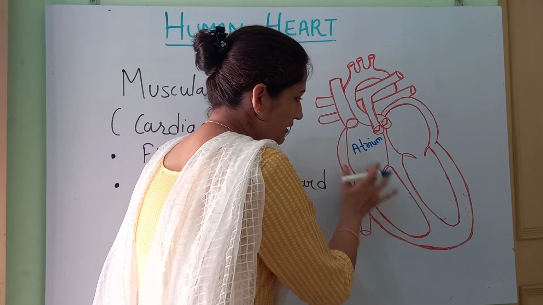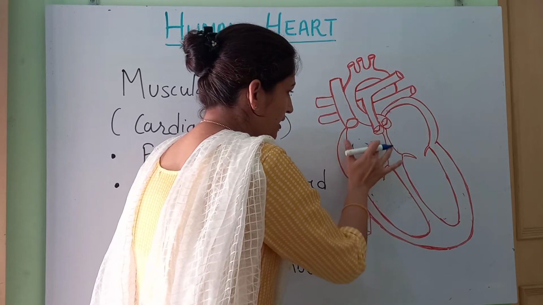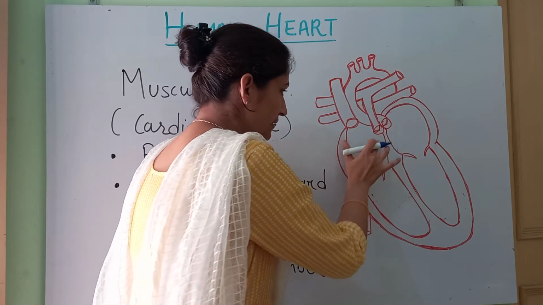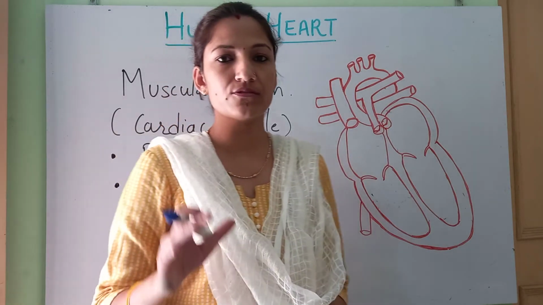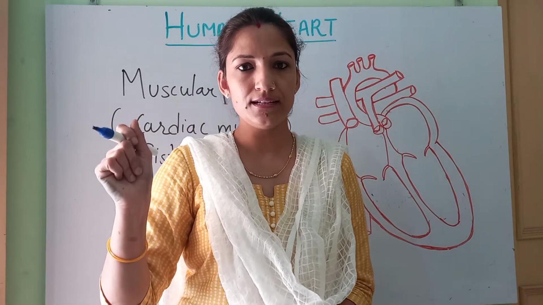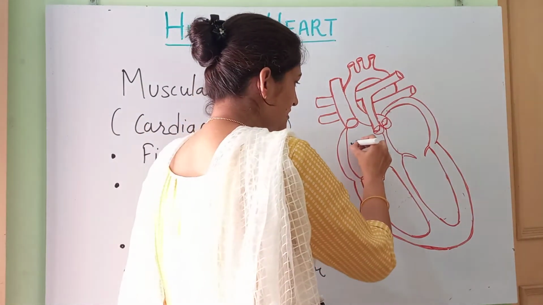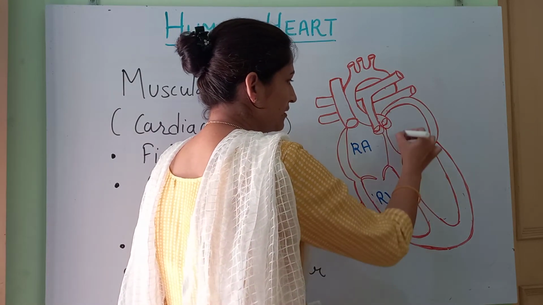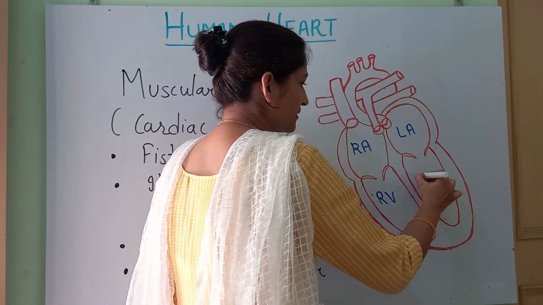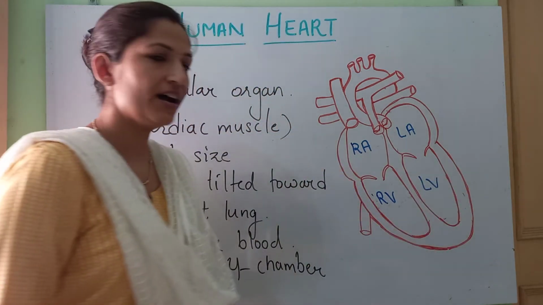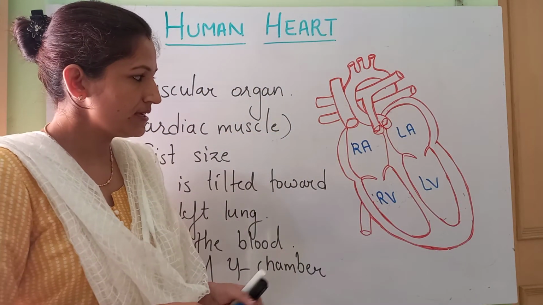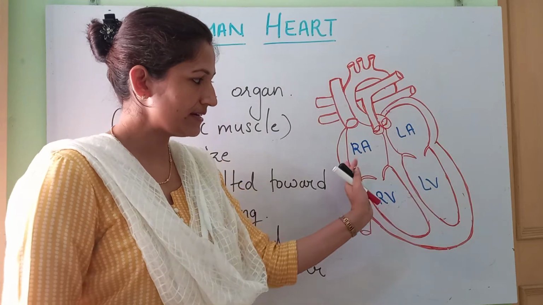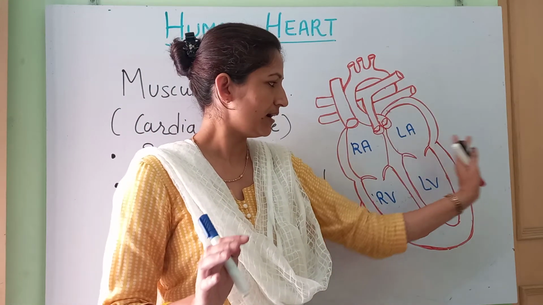You can see the left and right side. Upper chamber, atrium, lower, ventricle. So this is our right side: right atrium, right ventricle. Left atrium, left ventricle. So we have 4 chambers.